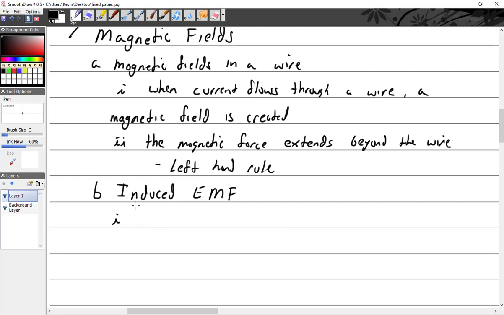So, and I'll make some good notes here. As we talked about with a generator, a wire moving through a magnetic field will produce voltage.